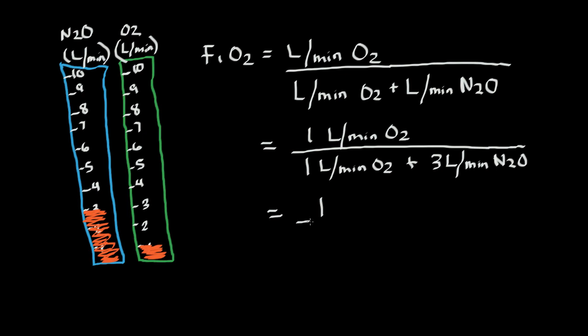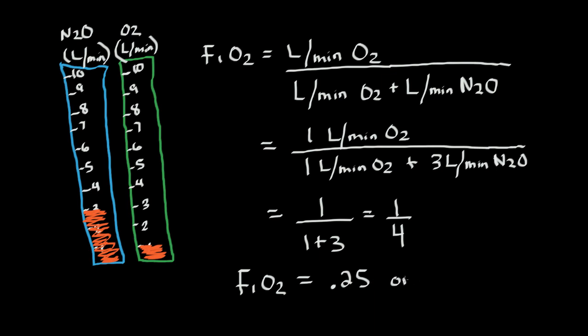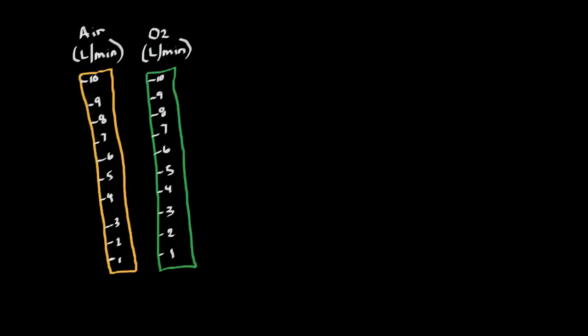So 1 divided by 1 plus 3 equals 1/4. And when we convert that to a decimal, the FiO2 will be 0.25 or 25%.